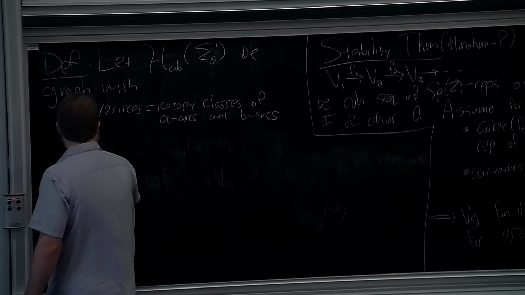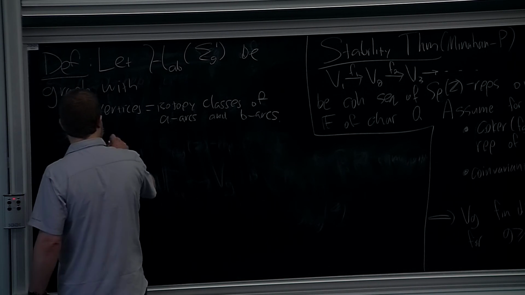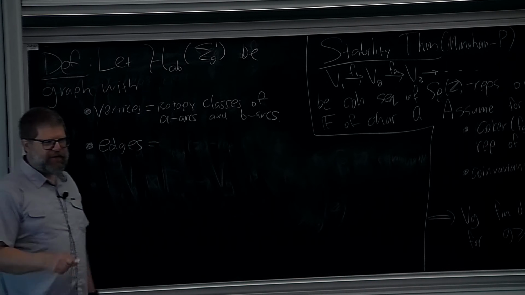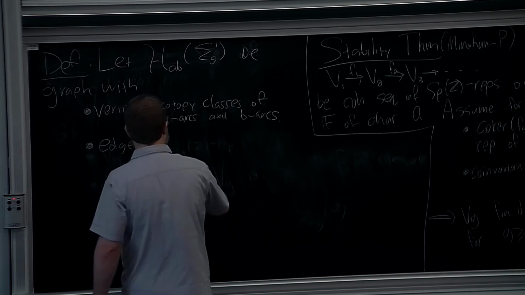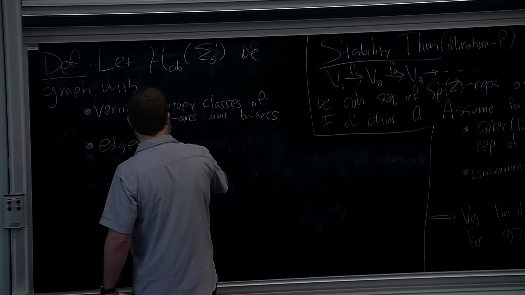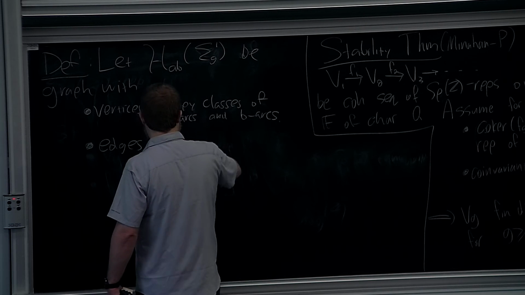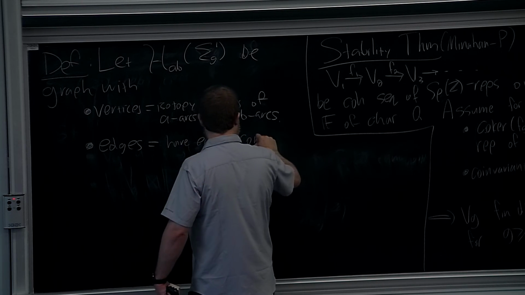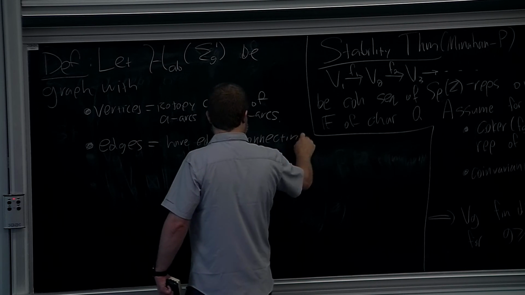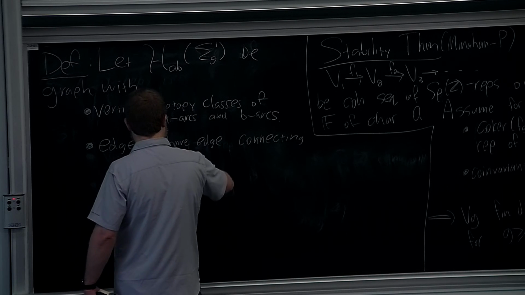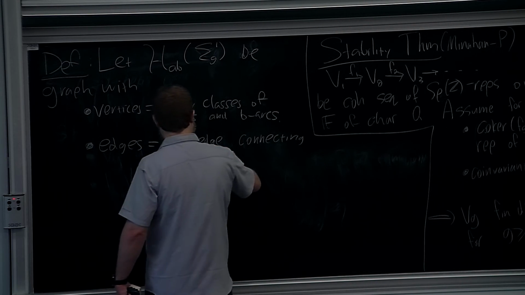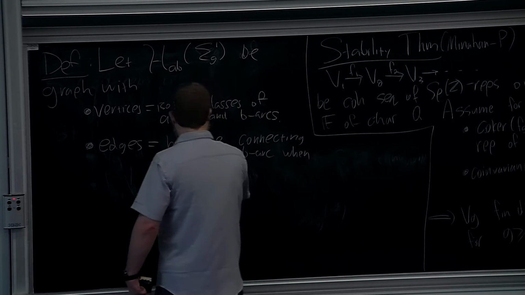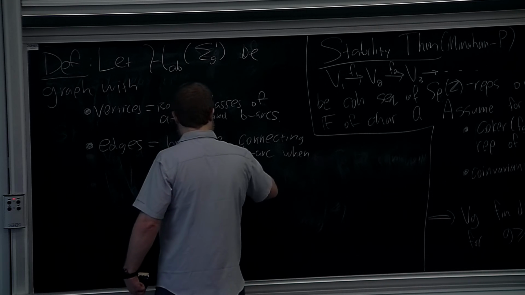And for the edges, we're only going to have edges connecting an A arc and a B arc. So we have an edge connecting an A arc to a B arc when they are disjoint.